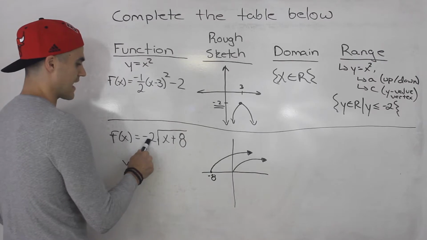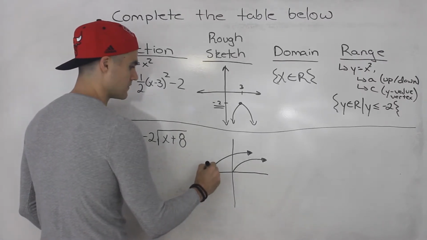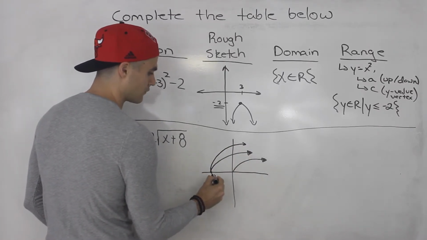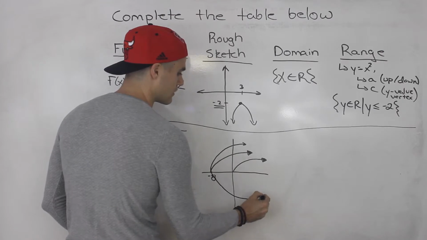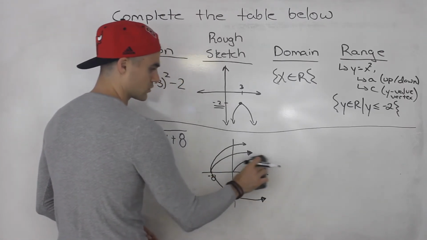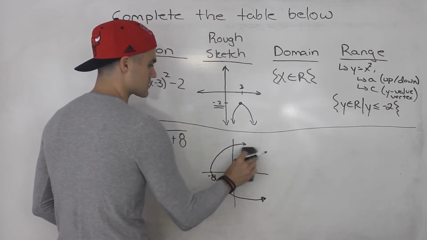And then notice that this a value here too, it vertically stretches it. But because that a value is negative, it reflects it in the x-axis that way. Right? So we took root x and basically put it through a bunch of transformations.